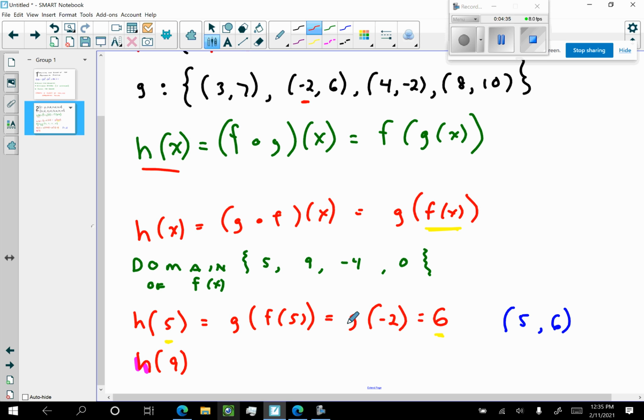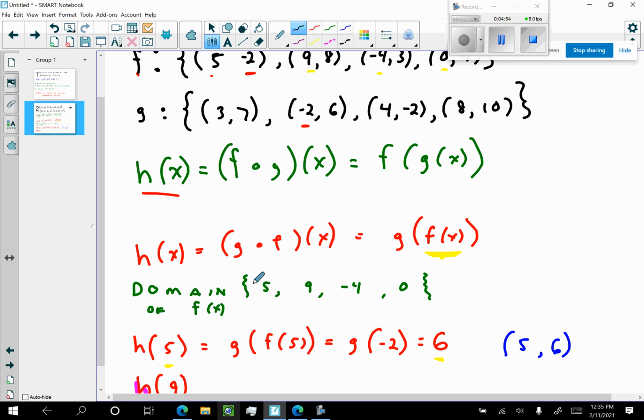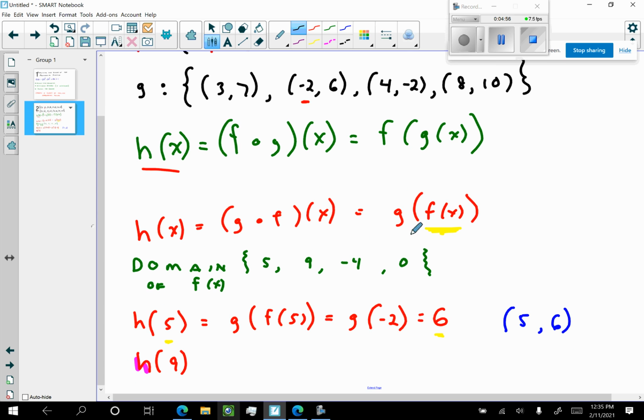The domain of f, because I have to worry about the domain of f. And this is the domain of f. The domain of f is 5, 9, -4, 0. I wrote it down here. So that has to be the domain of g of f.